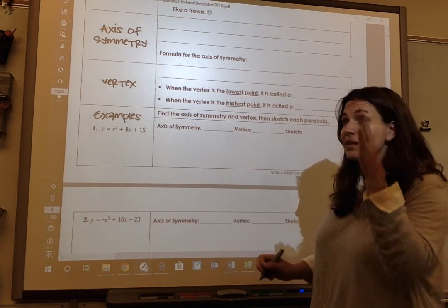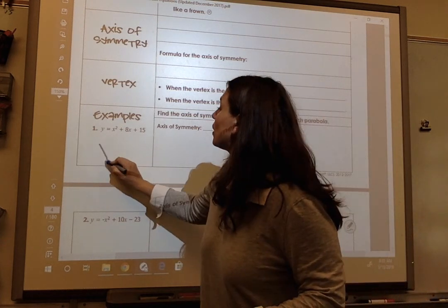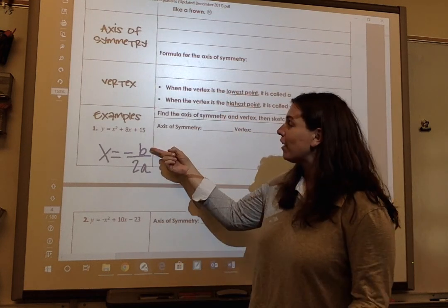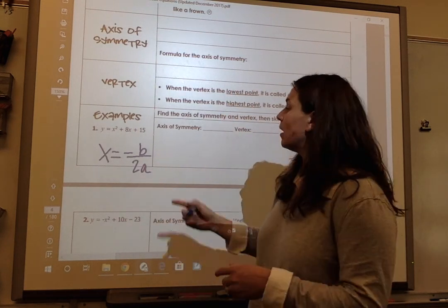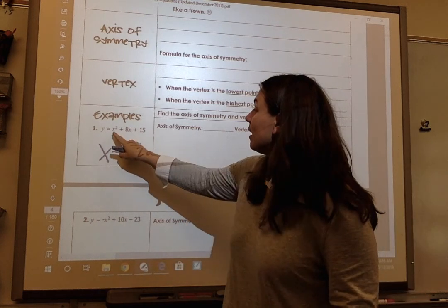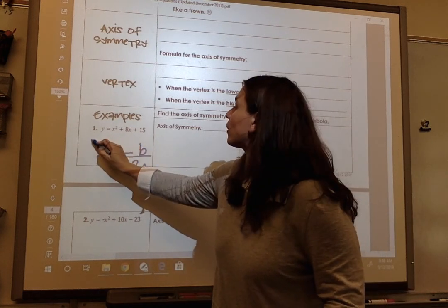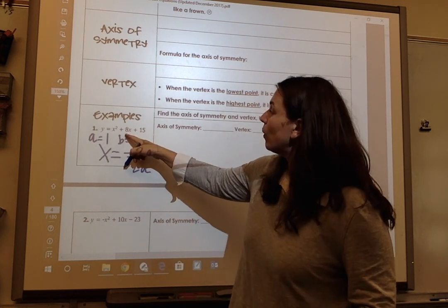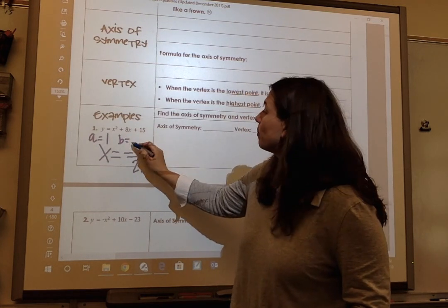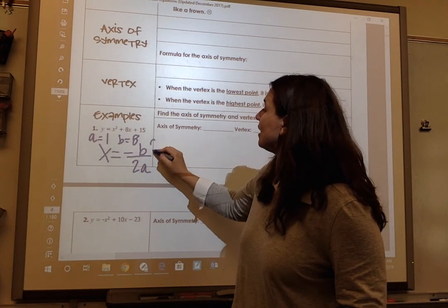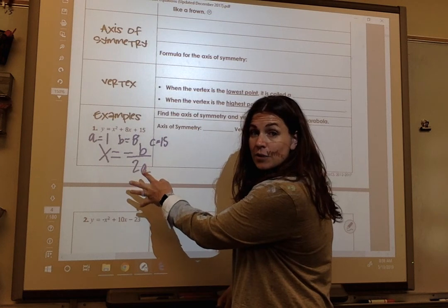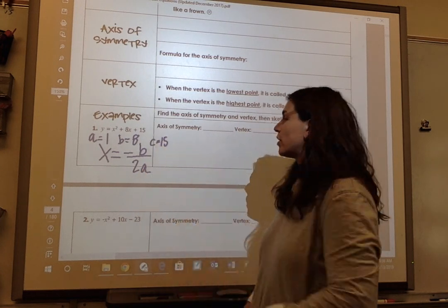Well, remember, the axis of symmetry is a line, so it's going to look like x equals negative b over 2a. Well, what are the values of b? What are the values of a? Here's how I find it. a is the coefficient in front of my quadratic term, so a equals 1. b is the coefficient in front of my linear term, so b equals 8. And c is my constant term of 15. I don't need c in my axis of symmetry, but I'm just going to throw it out there to make sure you understand.